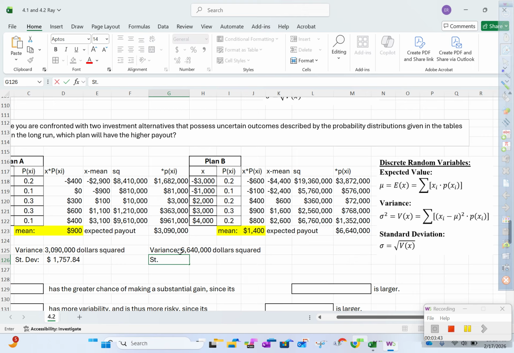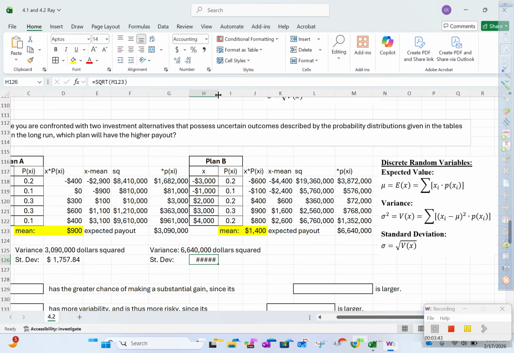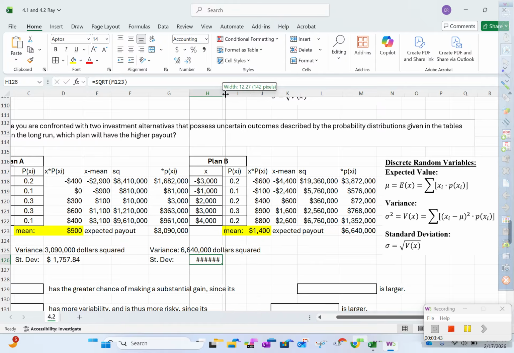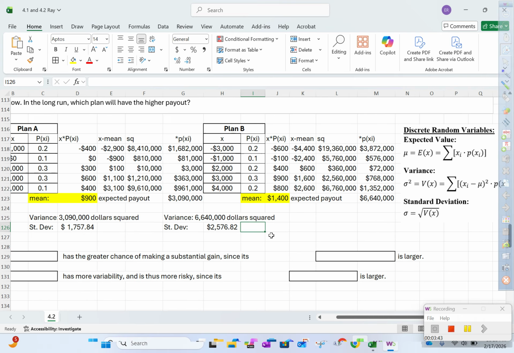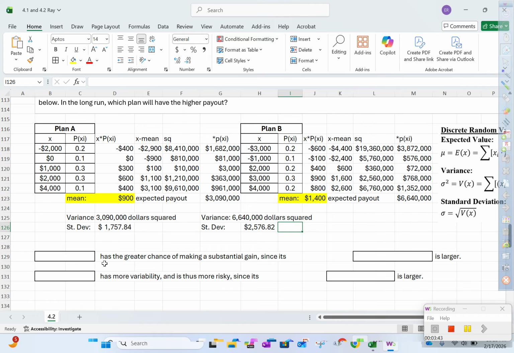And my standard deviation is the square root of that, just in regular dollars. So this one, the expected value is $1,400, but it varies by $2,500 from there. Okay, so higher variation and a higher expected payout, which is what these questions are asking you about.